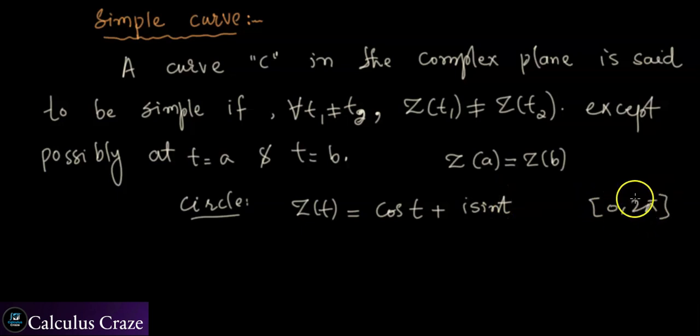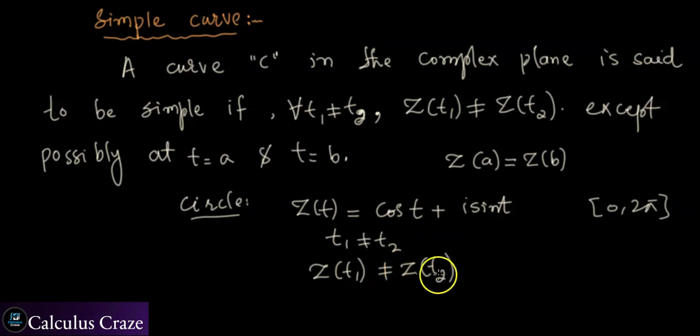Now, are there any two values t1 not equal to t2 where z of t1 equals z of t2? We can check where these two are equal.